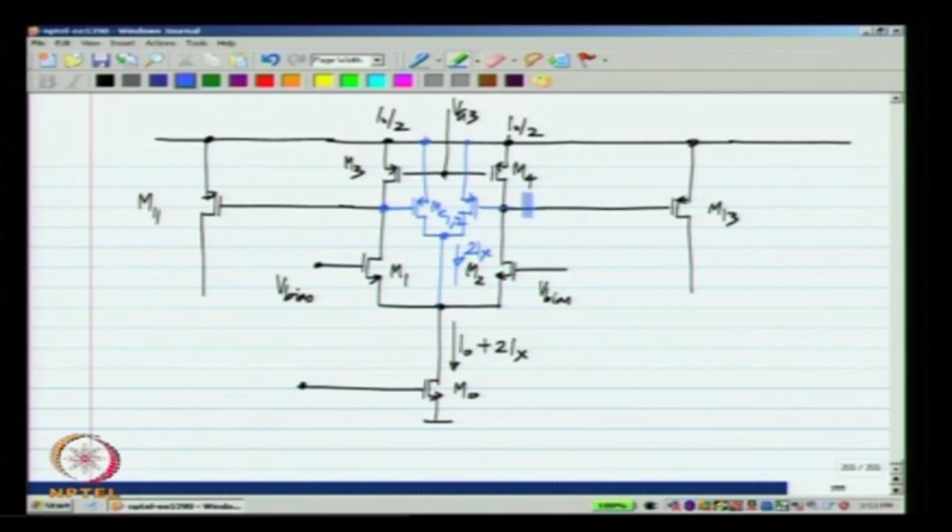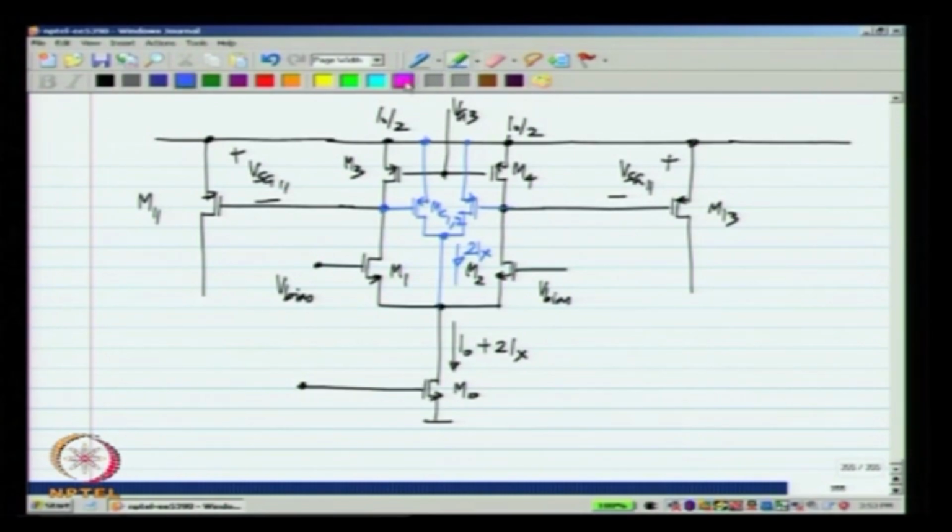The output common mode voltage should be such that M11 and M13 carry a certain current, because M11 and M13 are biased by the common mode output voltage of the first stage. So this has to carry some VSG, which I will call VSG 11.